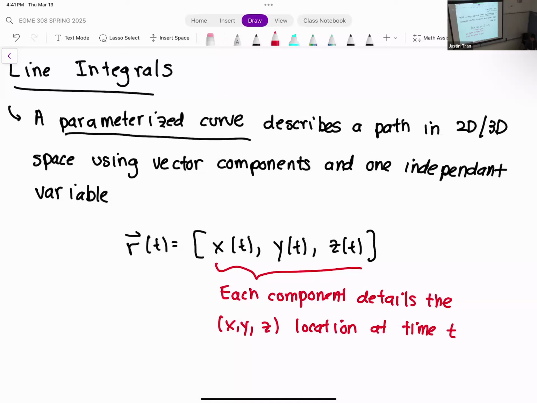So let's do a very simple example of a parameterized curve. Let's parameterize the path around a circle.